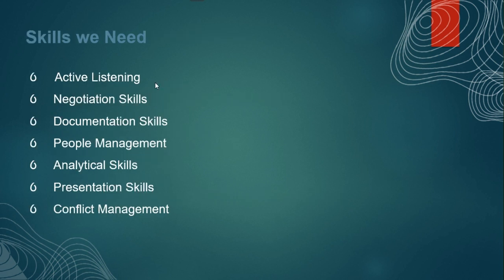So what you need is, you should be a very active listener, a patient listener to what is said. You should try to put in your brains, and you should negotiate that, no, we can do it better this way, or we can do it better that way. Then you should be good in your documentation skills, as in whatever you are documenting should be easy to understand by the business team, or easy to understand by the development teams.